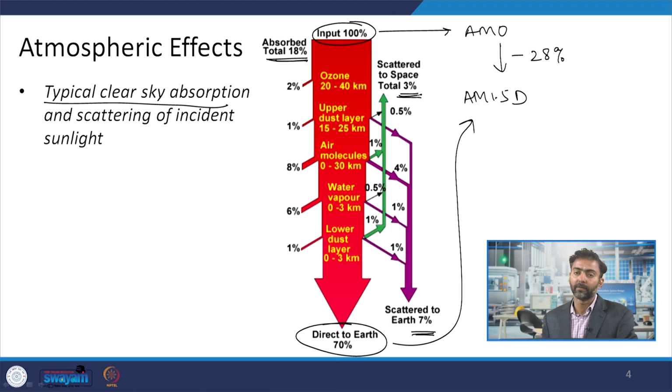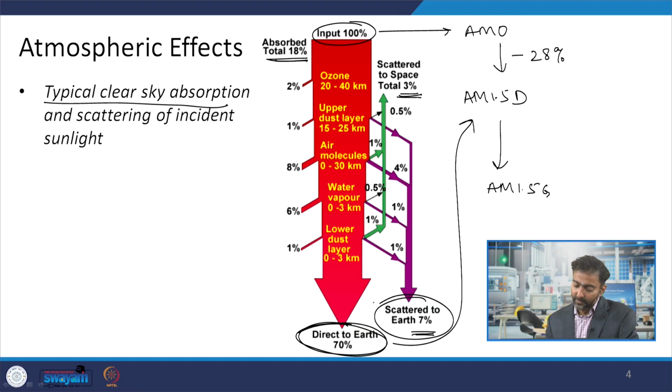So, if I reduce the intensity of AM0 by around 28% overall, then I come down to AM 1.5D. And from AM 1.5D, if I want to go to AM 1.5G, which is basically the global radiation, as you can see, global radiation consists of two components. One is the direct to earth radiation, which is coming as a beam radiation or a direct radiation to the earth's surface, and another is the scattered radiation, which is coming as a diffused radiation.